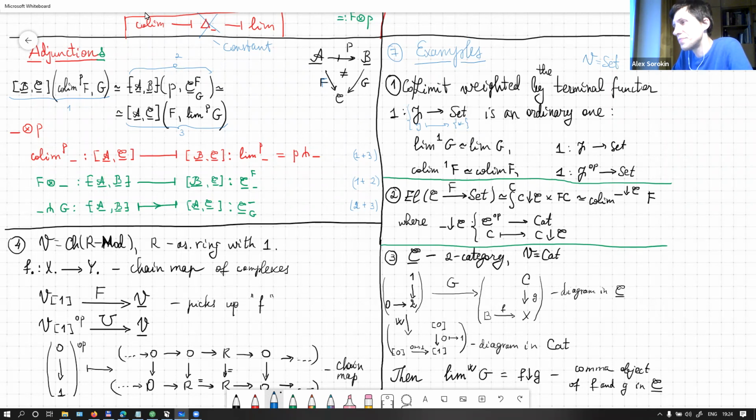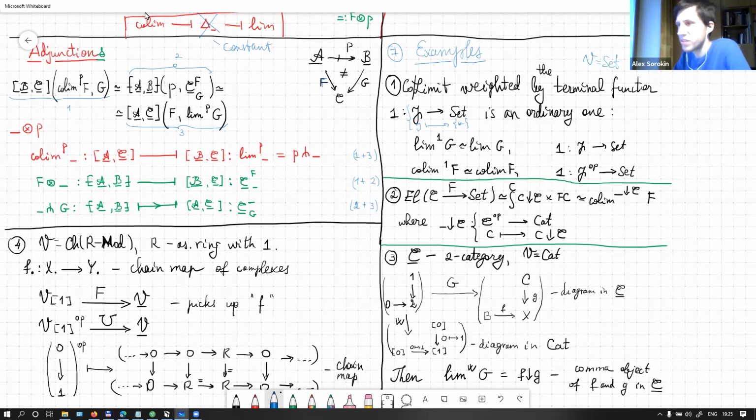Okay, the second property is that the category of elements can also be defined as a weighted colimit. But here it's a very funny weight. Who is the weight here? The weight here is a functor that takes an object of a certain category to its comma category.